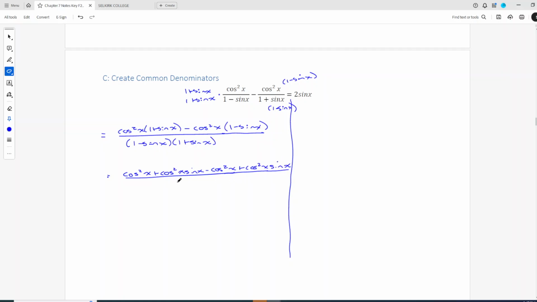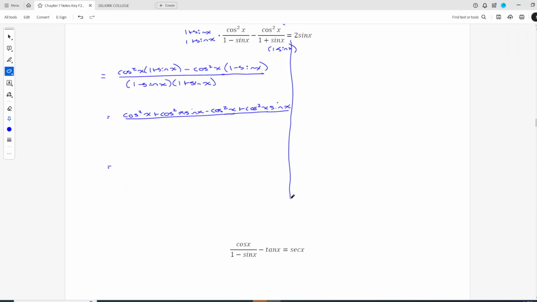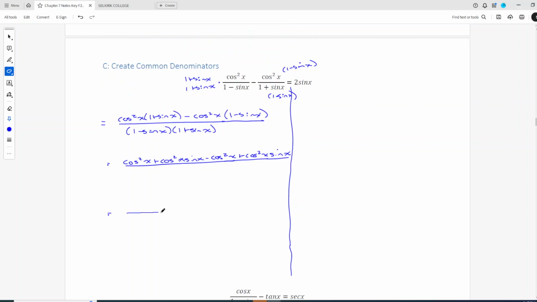Now you'll notice I haven't written the denominator out yet because sometimes with identities you want to multiply the denominator through and sometimes you don't. So when I look at this one, if I went to the next line, I can see that I have a cos squared x minus cos squared x is gone, and then I'm going to have 2 cos squared x sine x's. So I'm thinking that if I keep this denominator in this factored form, this 1 minus sine x, 1 plus sine x, I'm going to be stuck here.